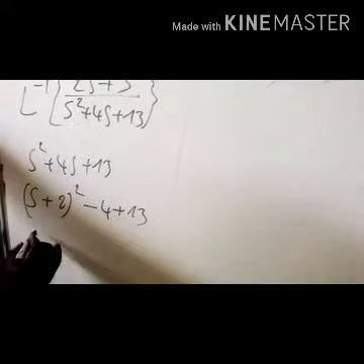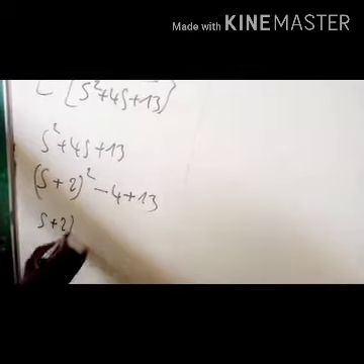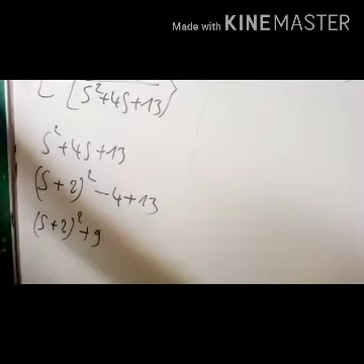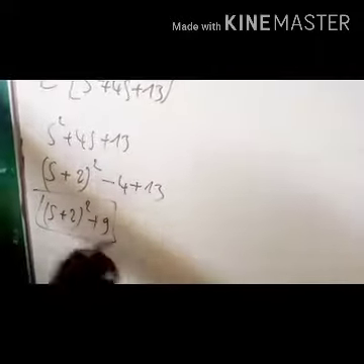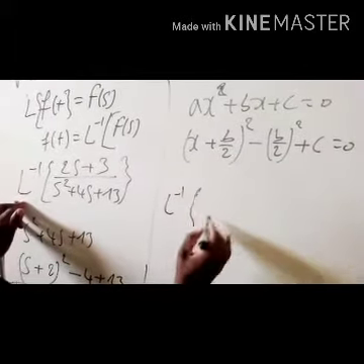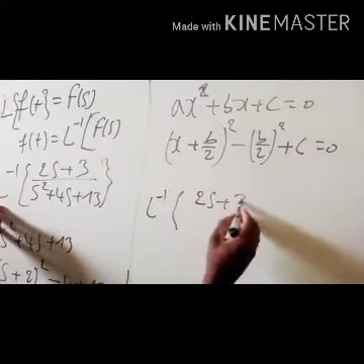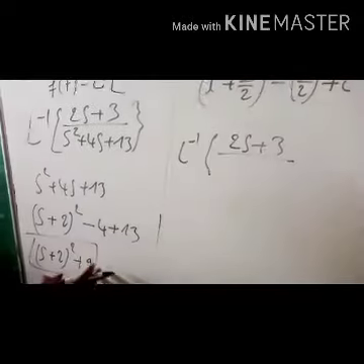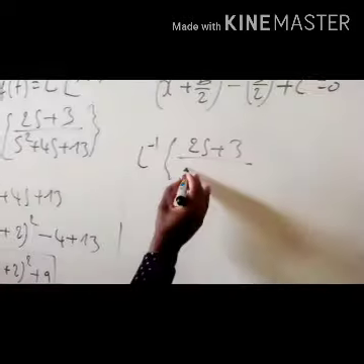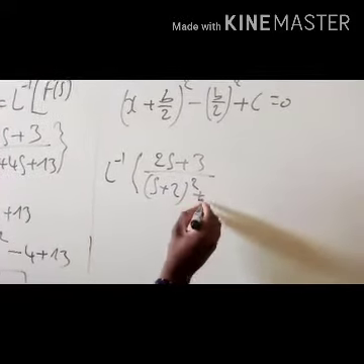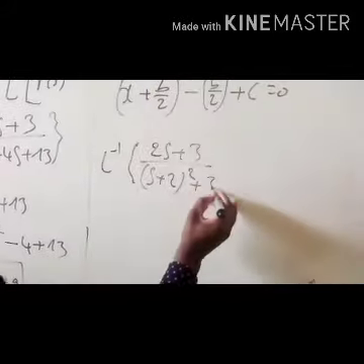We get s plus 2 power 2 plus 9. This is how you transform this formula. Then you will get the Laplace transform of 2s plus 3 divided by s plus 2 power 2 plus 9, where 9 is equal to 3 power 2.